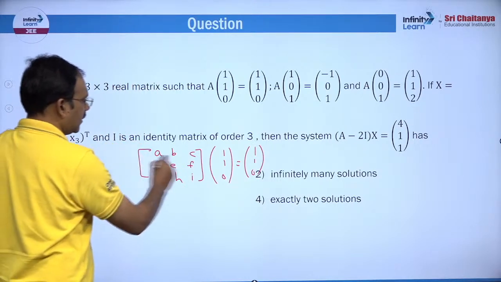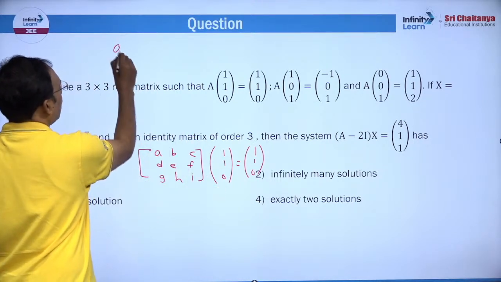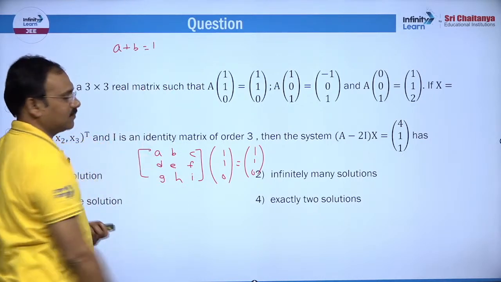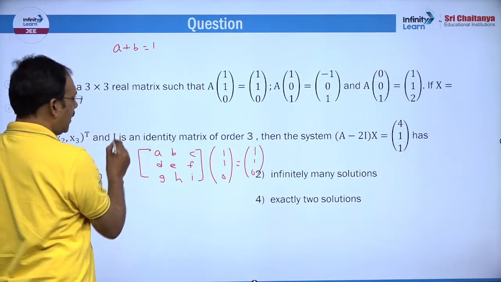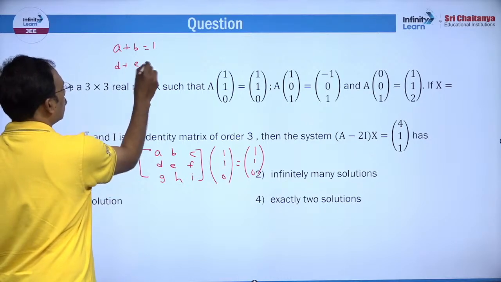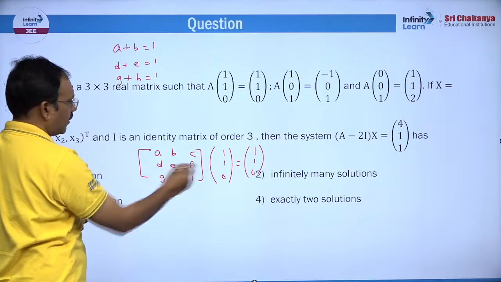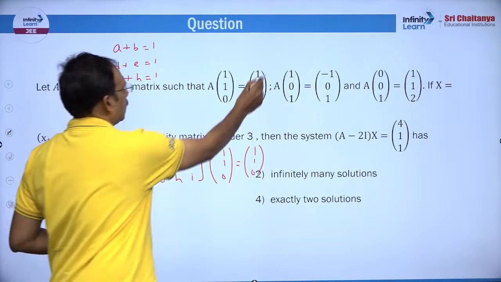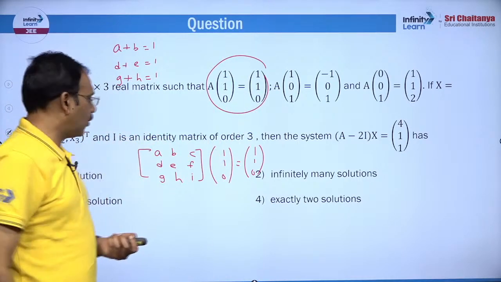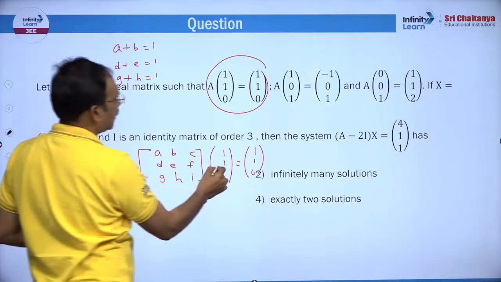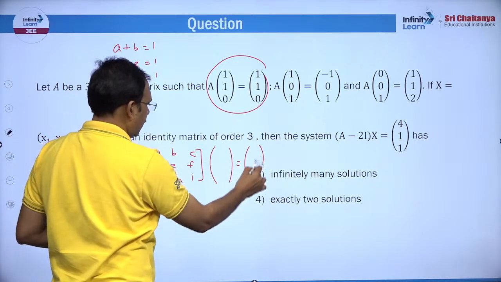What is that? This into this, A plus B is going to be 1. Then D plus E is going to be 1, and G plus H is going to be 1. So, this is all about the first data. Now, the second data: you see here he has given different numbers.